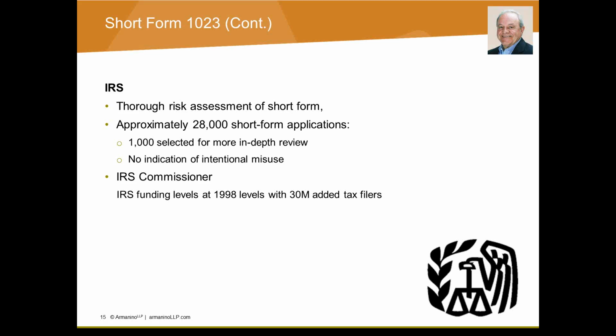And then probably the telltale signal as to why all this happened was when the IRS commissioner stated, at the IRS, we have funding levels that go back to 1998, 17, 18 years ago. And during that time, we've added 30 million additional tax filers of all types, both commercial and tax exempt.